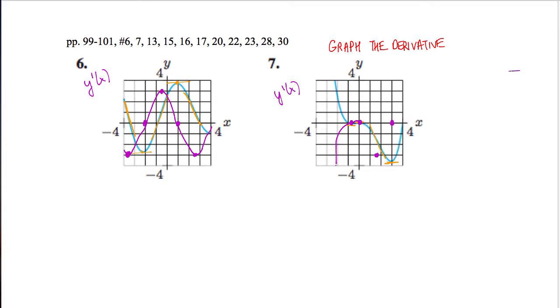And then we have a positive slope. And so the positive slope, again, we can approximate is about positive 3. And so it'll go up to somewhere around here, positive 3. And so our derivative sketch would look something like this. So this purple line is our derivative of the blue function y of x.